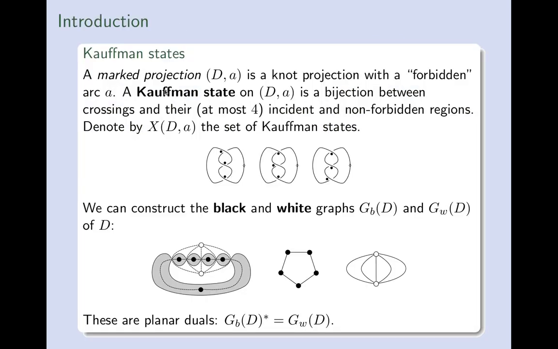By the way, I forgot to say that here you can see the three possible Kauffman states on this marked projection of the trefoil, with the same marking, of course. We denote the bijection between the crossings and regions by placing little dots near the crossings. The fact that the Kauffman states are a bijection implies in particular that any region must contain at most one of these little dots. It might contain none if the region is forbidden, for example.